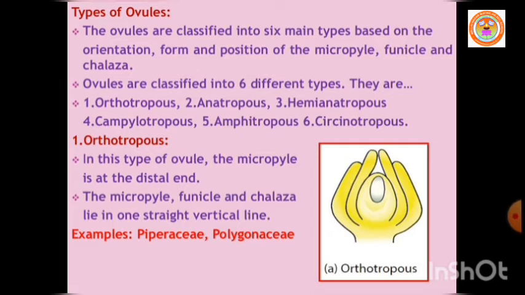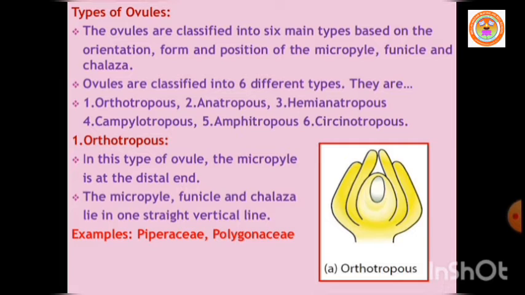In this session, dear students, we are going to discuss an important title called Types of Ovules. The ovules are classified into 6 main types based on the orientation, form and position of the micropyle with respect to the funicle and the chalaza.